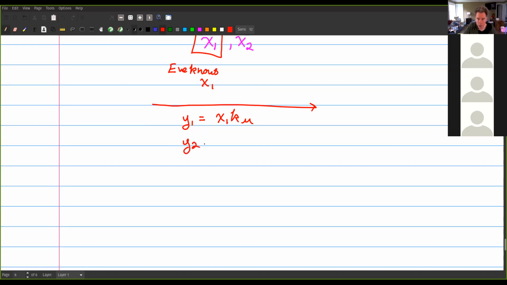So Y2 also goes by. Y2 is X2 times KM. Okay, so just look at this for a second. Remember, X1 is known. So if you know X1, can anybody think of a way to recover X2?